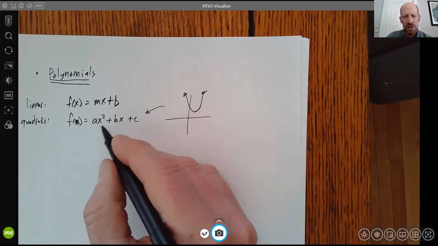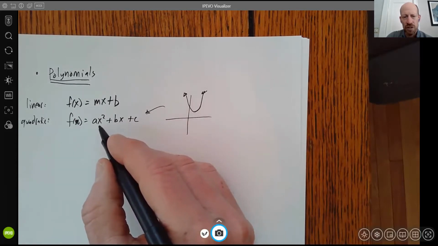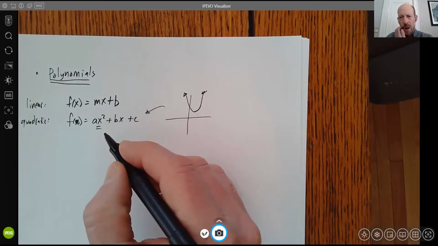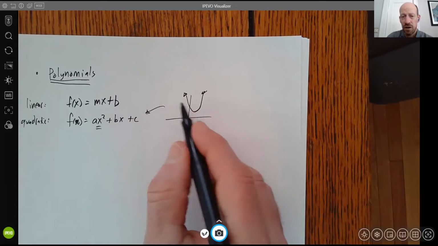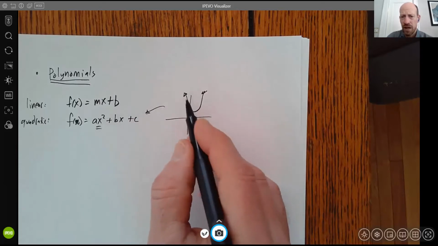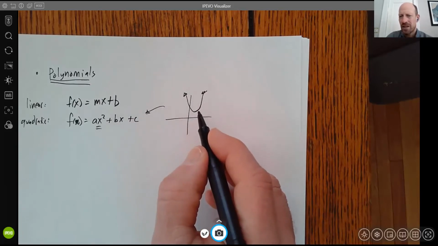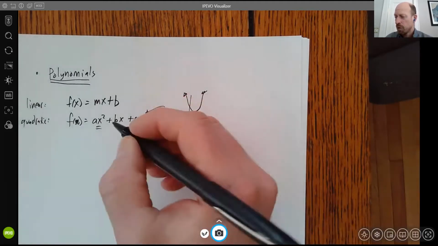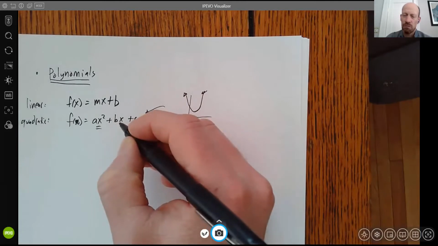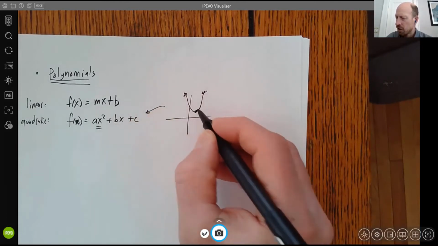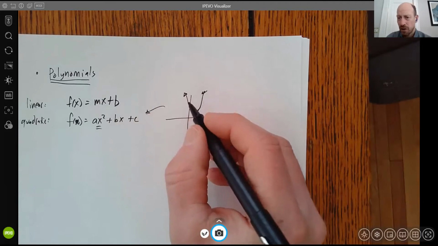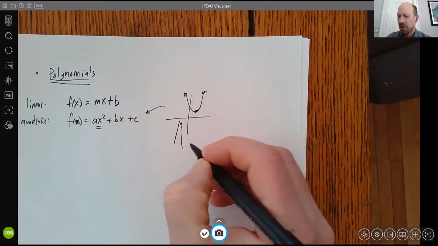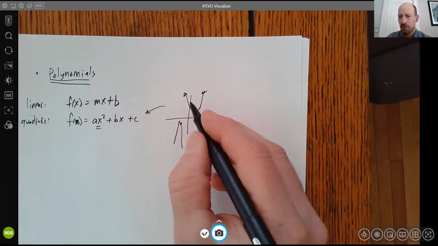So the difference here, of course, is that it has an x squared in the formula. So it's a quadratic instead of a linear. And we should recognize that that is a parabola. Which parabola it is exactly depends on the a, b, and the c. But once you learn how to find the vertex and whether it opens up or down, and some of us already know that, we can lock in on exactly which parabola this represents.